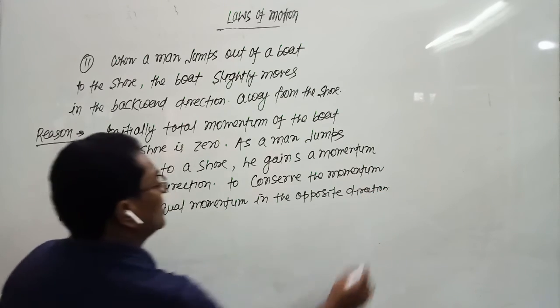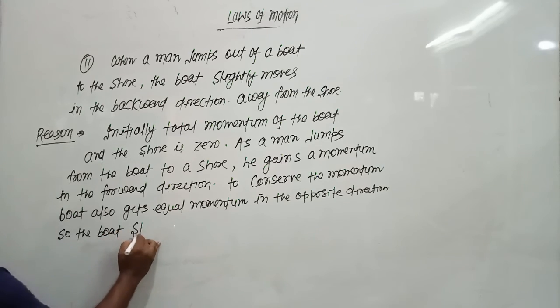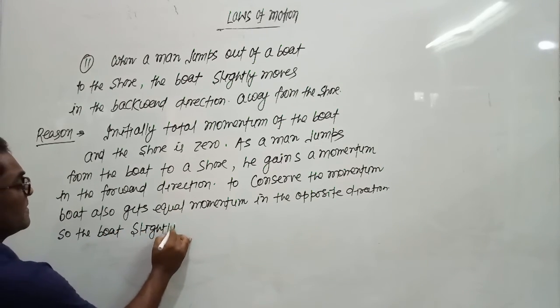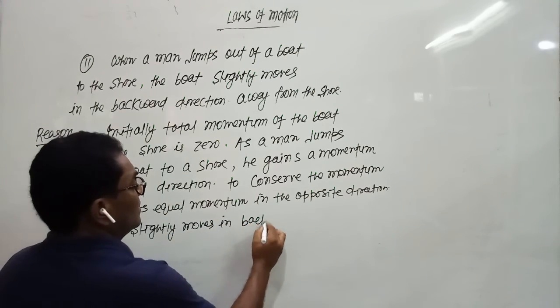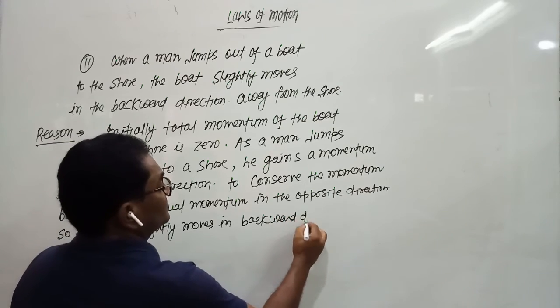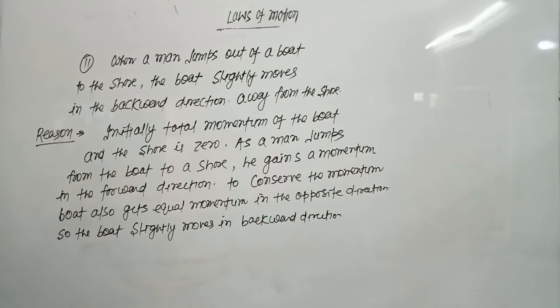So the boat slightly moves in the backward direction. So this is the reason why a boat moves in the backward direction when a man jumps out of a boat to the shore.